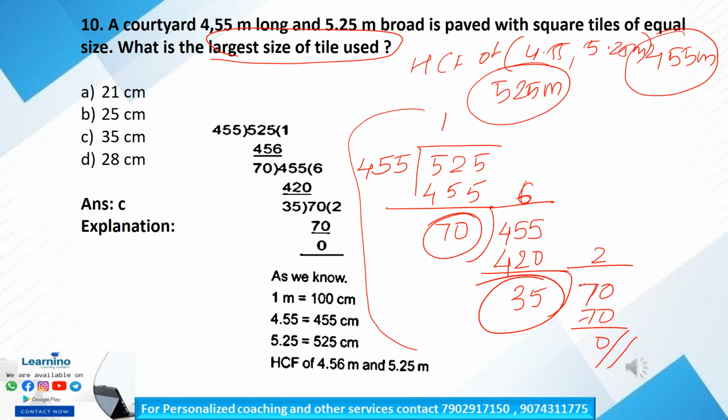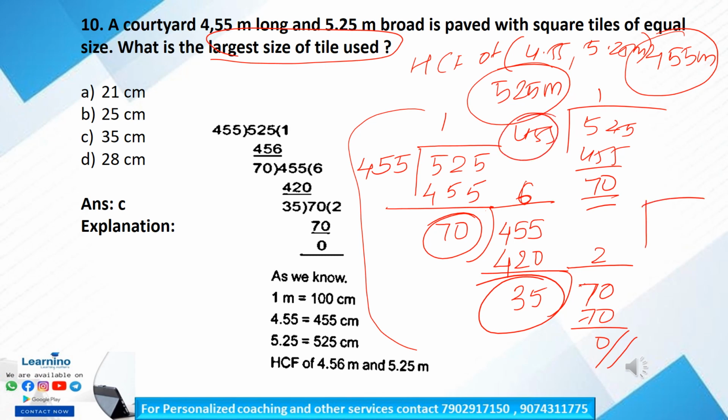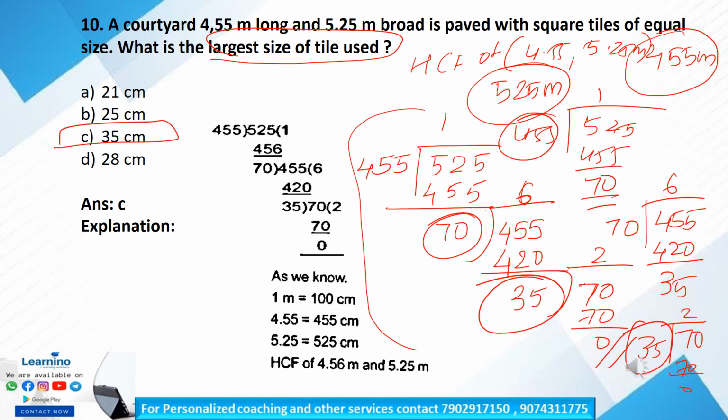So remainder is 0. Is it clear? So 35 is the highest common factor. So C is our answer.